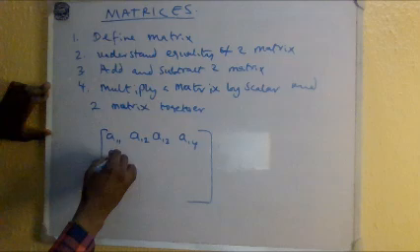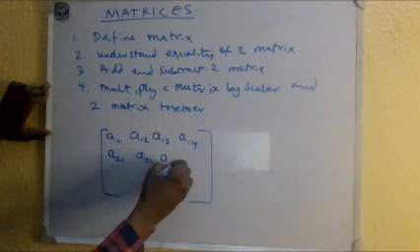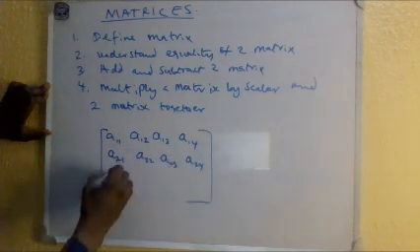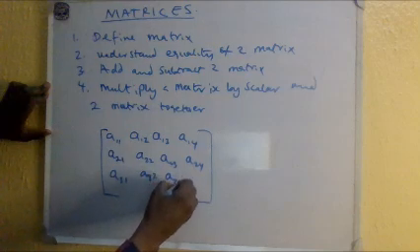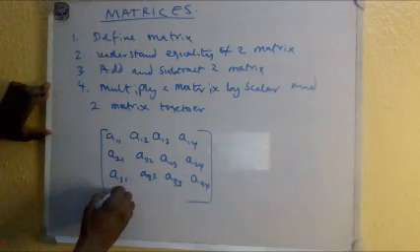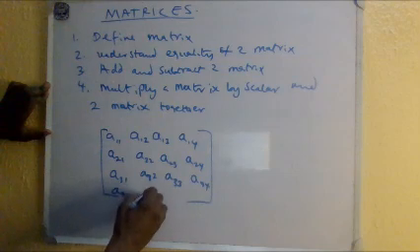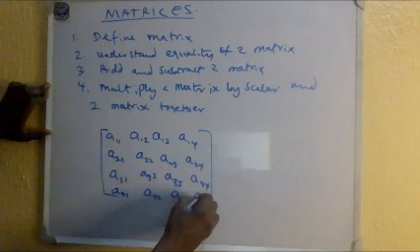Here is A21, A22, A23, A24. Then here now is A31, A32, A33, and A34. And here I have A41, A42, A43, and A44.